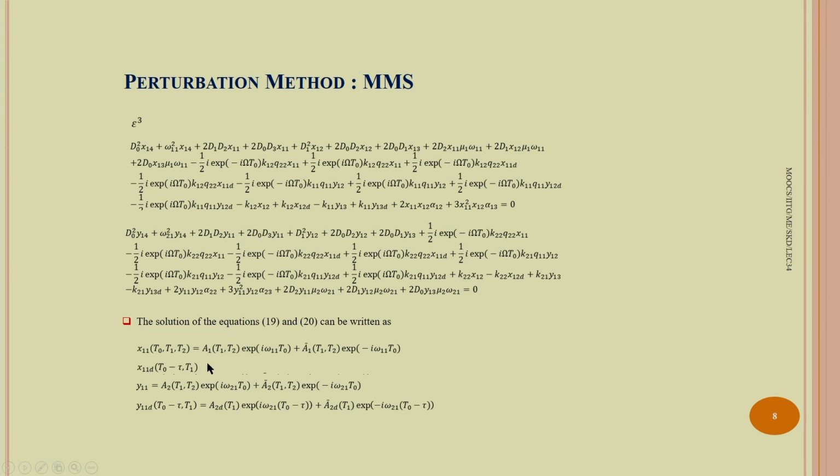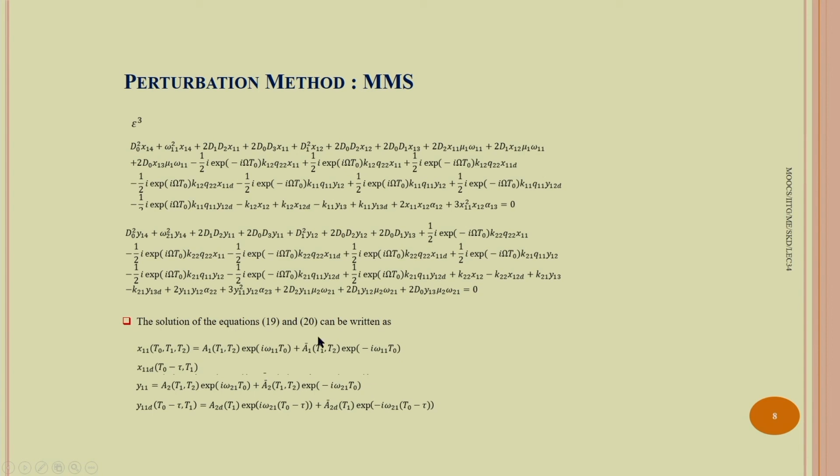They may be functions of t1 and t2, that is why it is written a1 of t1, t2, and not t0. So, you can note that it is not a function of t0. So, x11 of t0, t1, t2 can be written as a1(t1, t2) e to the power i omega 11 t0 plus a1 bar (t1, t2) e to the power minus i omega 11 t0.